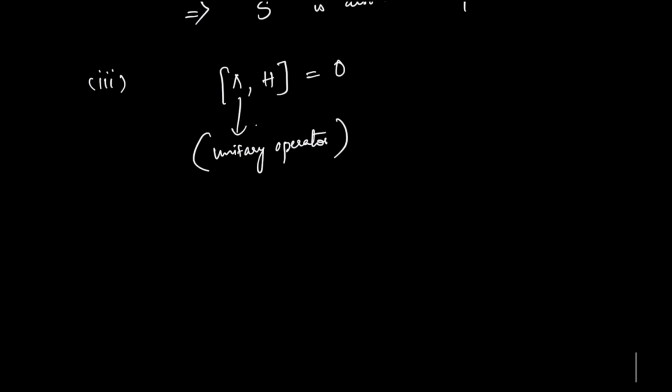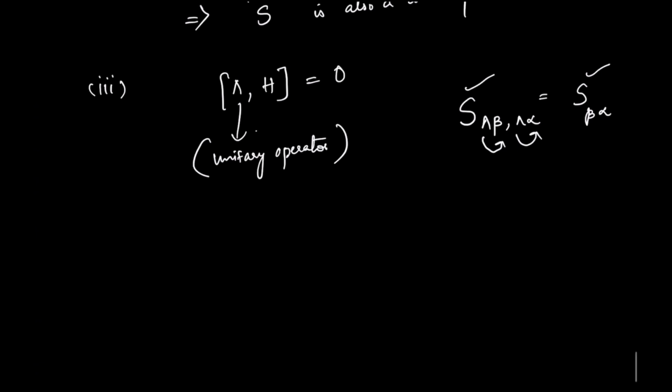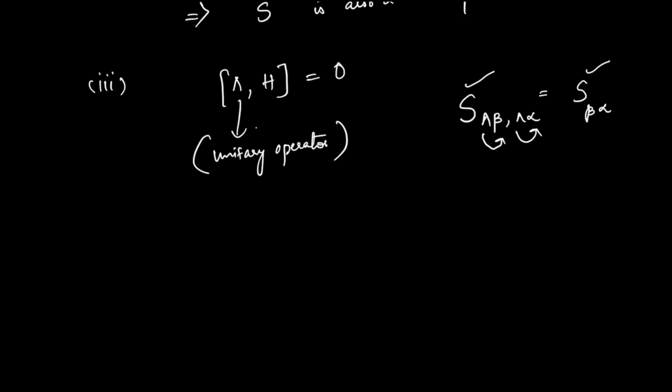It will satisfy S of lambda beta, lambda alpha is equal to S beta alpha. That is, if you operate lambda on beta and lambda on alpha, the scattering matrix is the same as the scattering matrix without this unitary operator, right? So when you act on the initial and final states with the unitary operator lambda, the matrix should be the same, because lambda commutes with U and S is the matrix element of U.